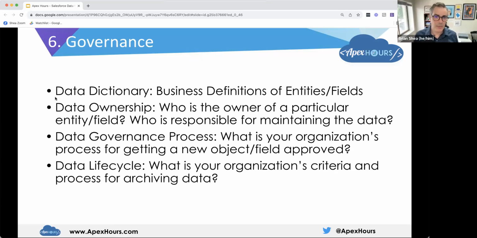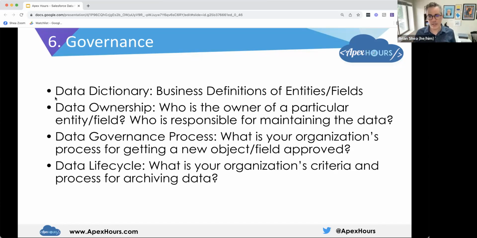With a data dictionary, you want business definitions, and the purpose of these is a few things. Number one, to understand from a business perspective what that field or entity is storing, to give clarity to our users in terms of what they should be inputting into a particular field. And also, as new feature requests are made, to have a place we can go to see if the field being requested already exists.